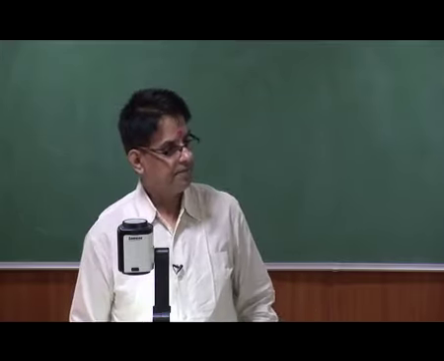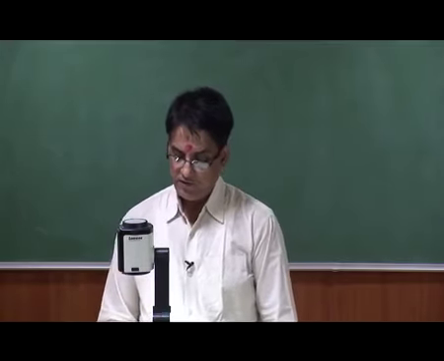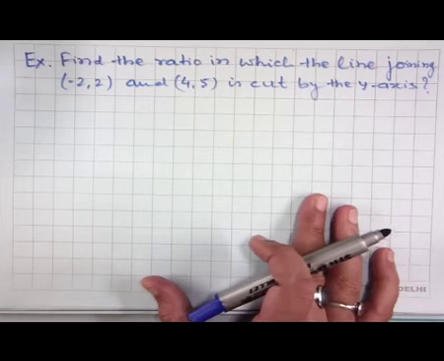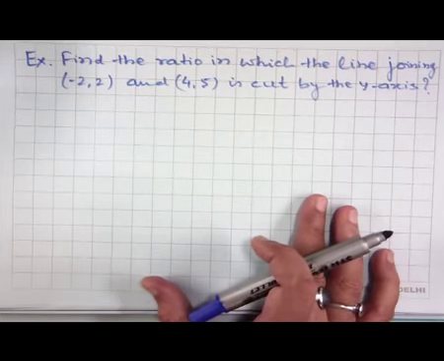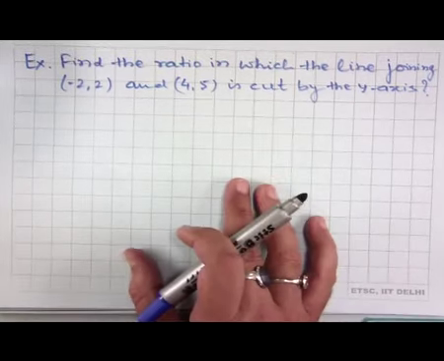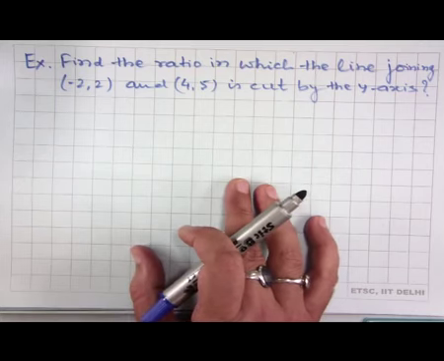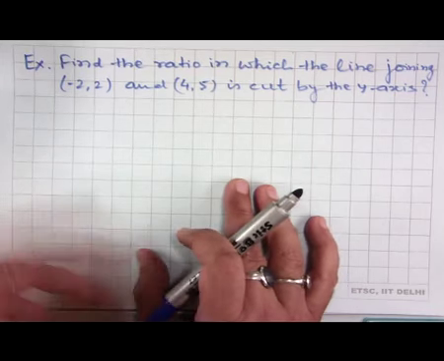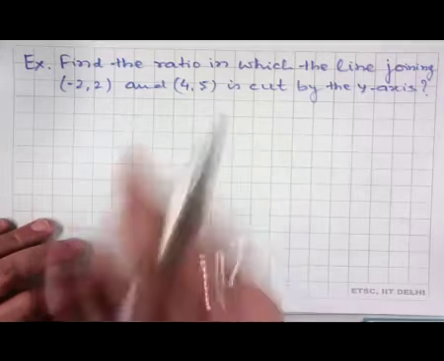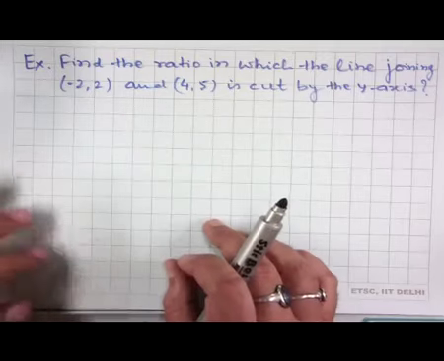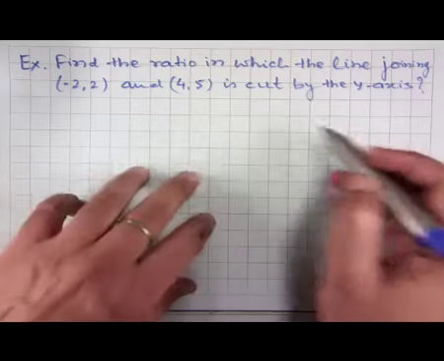Now find the ratio in which the line joining (-2, 2) and (4, 5) is cut by the y-axis. Now we have to find a ratio. So first of all locate this point.